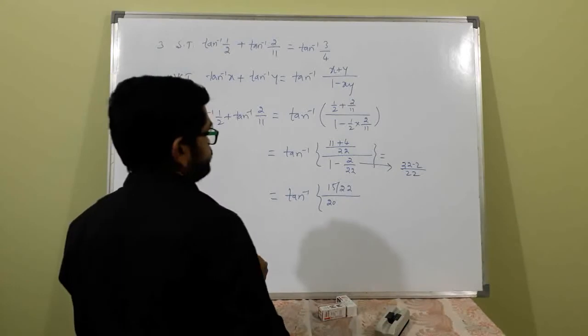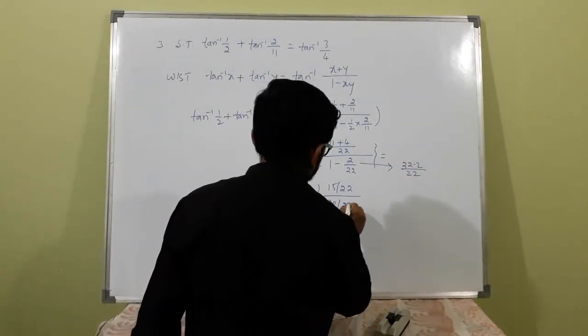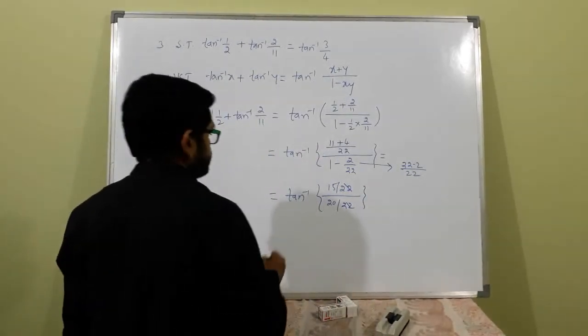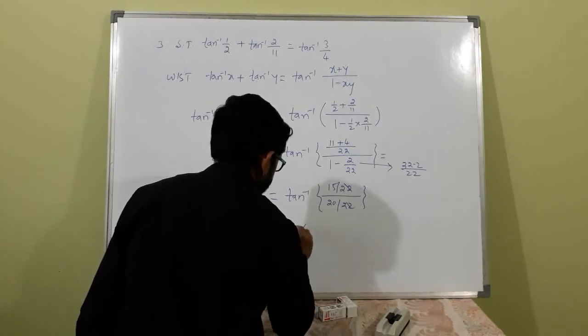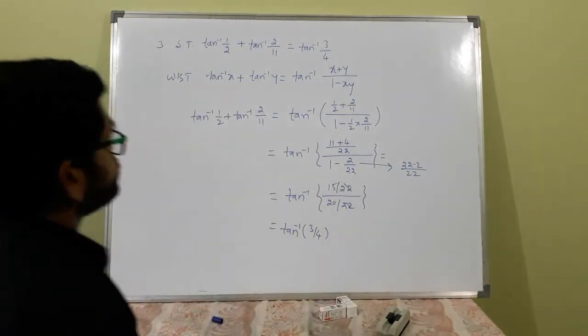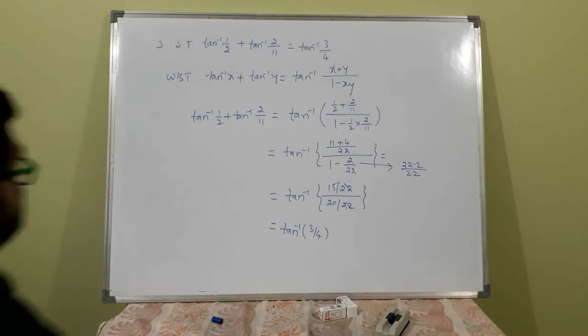Okay, so that is 20 by 22. So these two get cancelled. 15 by 20. So tan inverse of 15 by 20, that is 3 by 4. So that is what RHS.